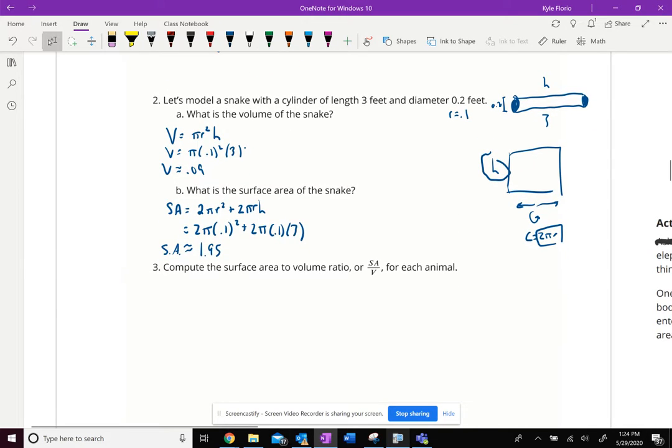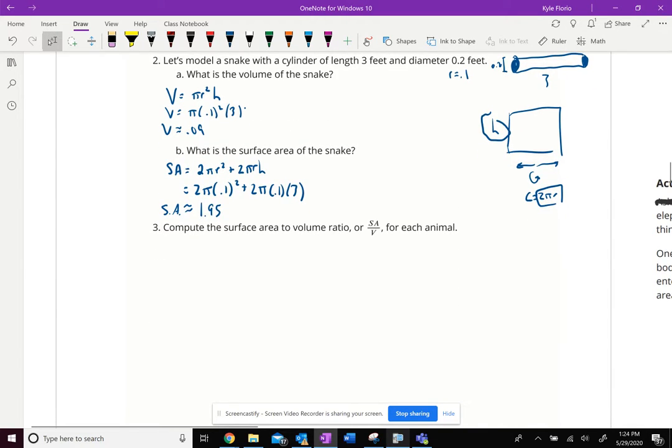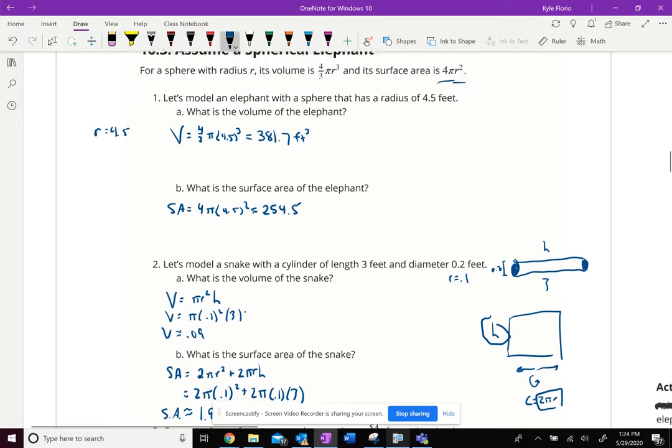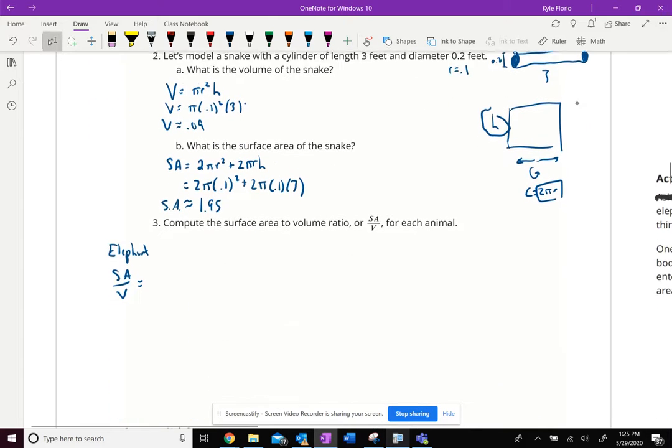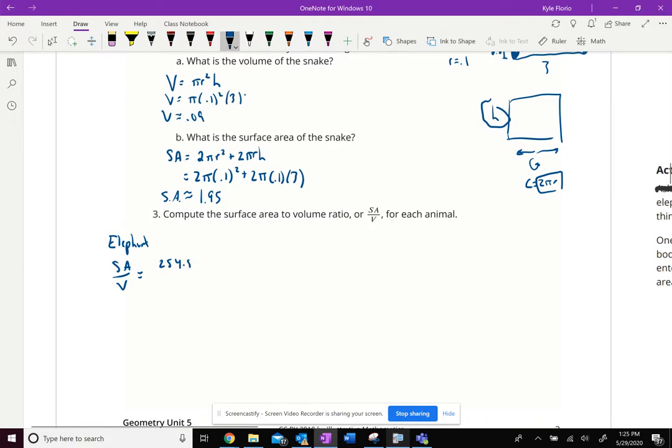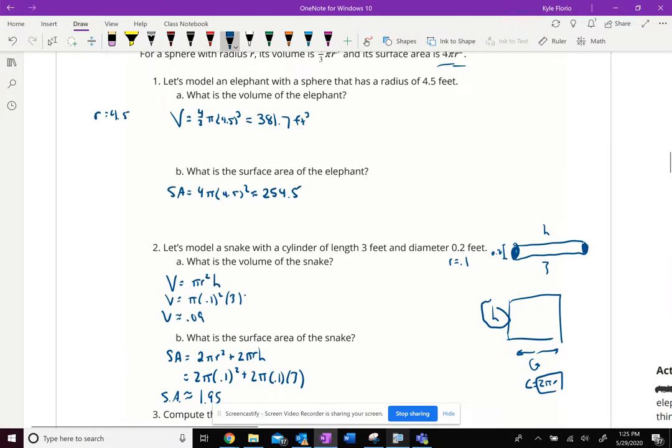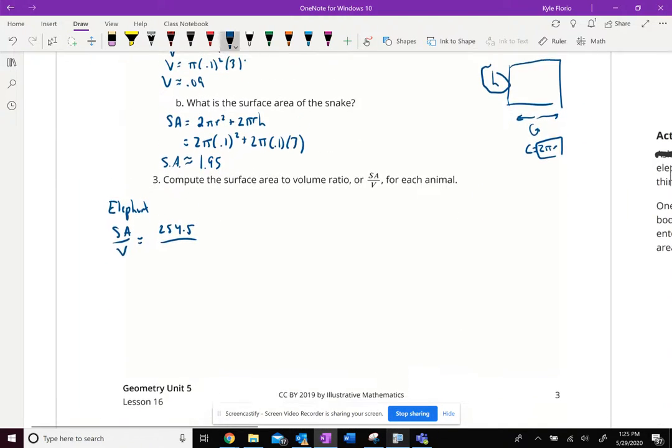Okay. Now compute the surface area to volume ratio. So how much surface area is there to the volume for each of these animals? Easy enough. The elephant, we're trying to calculate its surface area divided by the volume. The surface area of the elephant was 254.5. And the volume was 381.7.